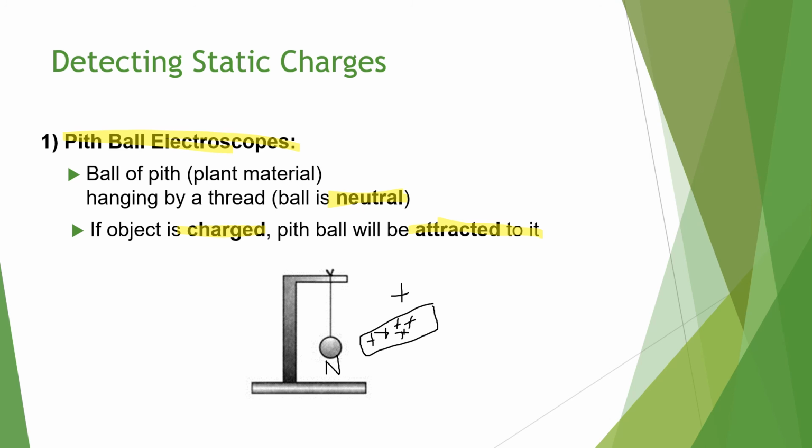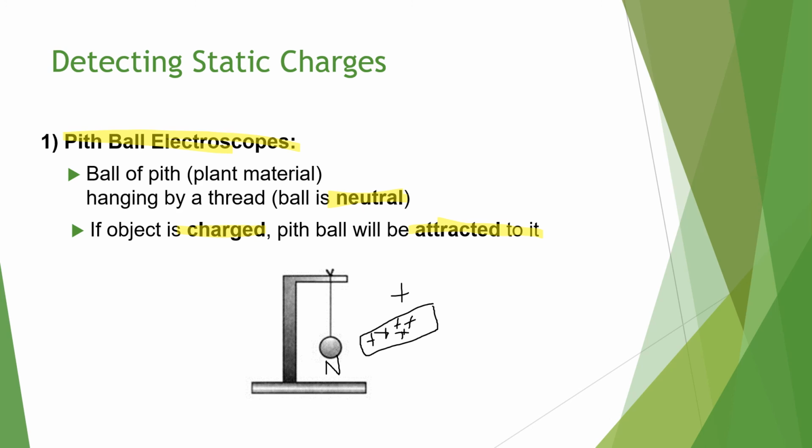We know that opposite charges attract, so you would know that the metal rod was charged if you saw an attractive force between the objects. So the pith ball hanging by the thread would actually move towards the metal rod if the metal rod was charged, because opposites attract.